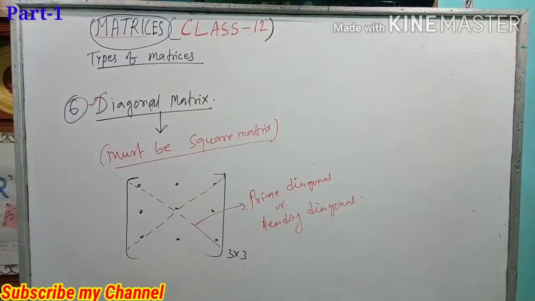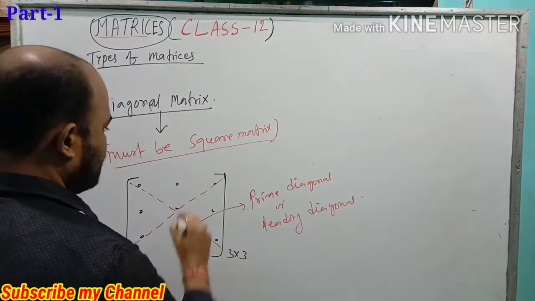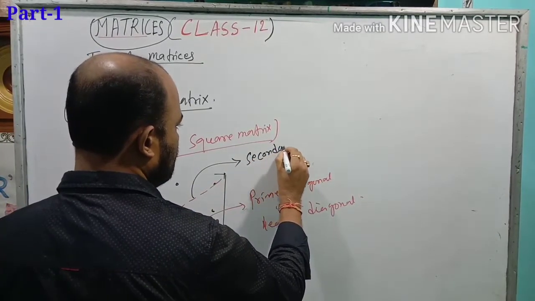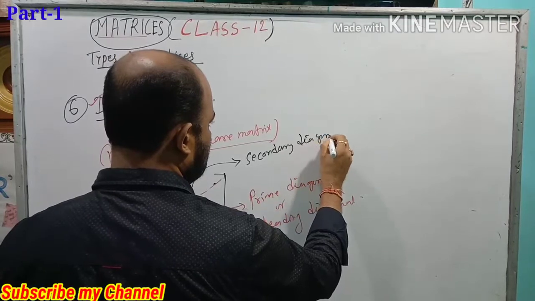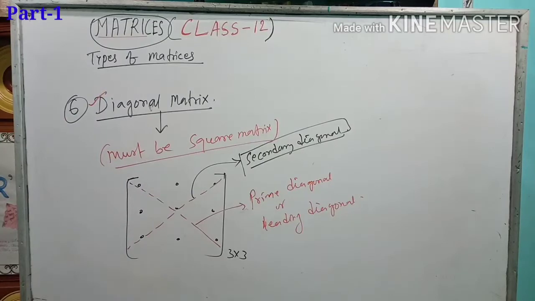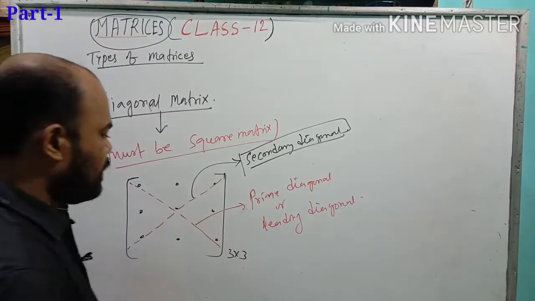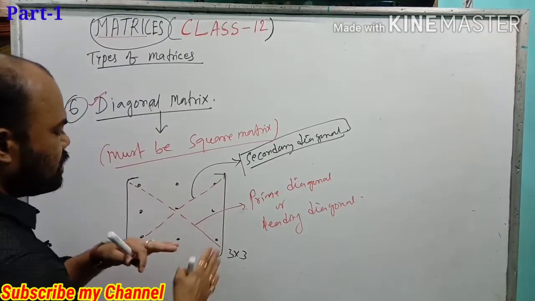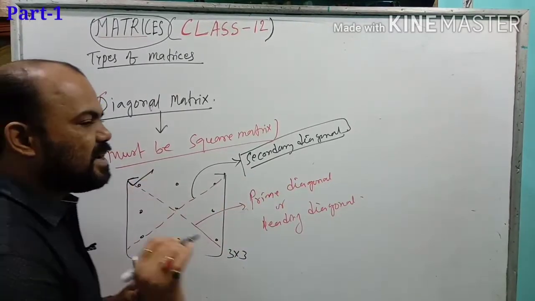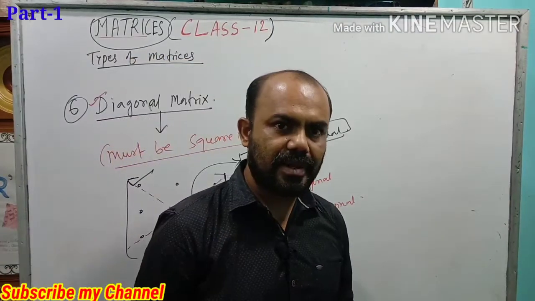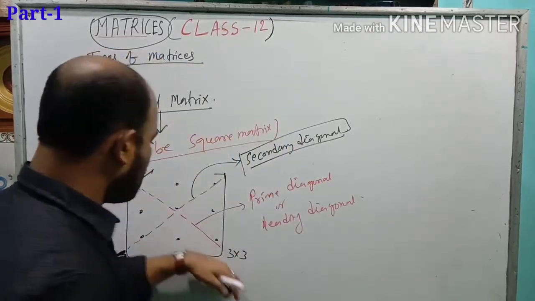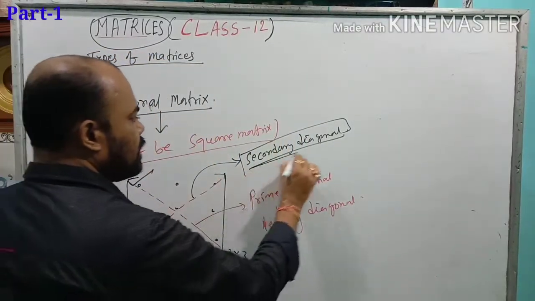Clear? And the second one, which is of no real use, is called the secondary diagonal. So remember, in a square matrix or in a determinant you can consider two diagonals, but whenever the word diagonal is simply used, it means the prime diagonal, that is this diagonal, and there is no use of the secondary diagonal.